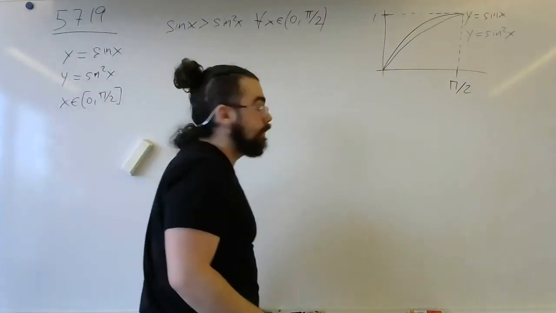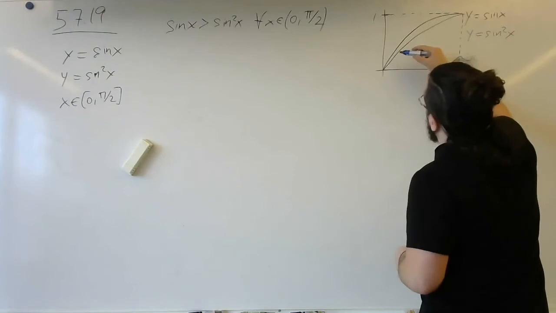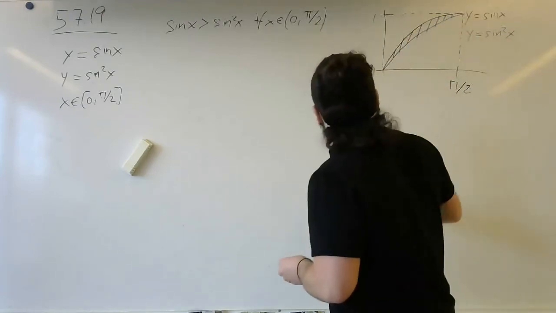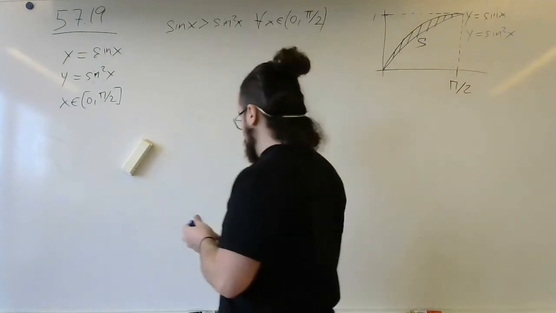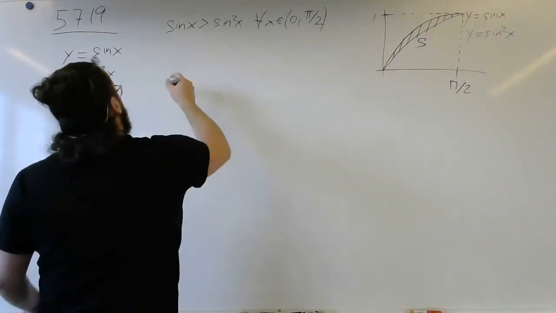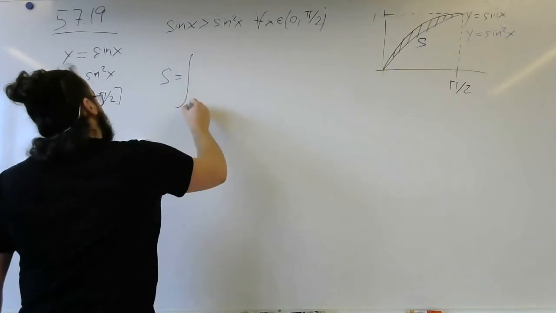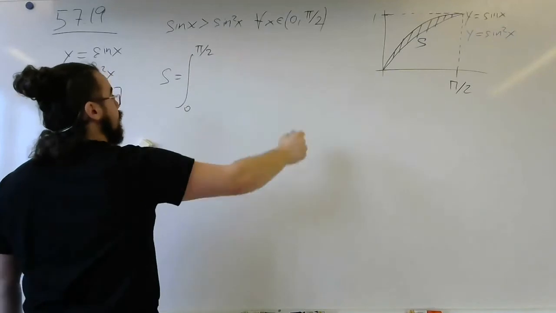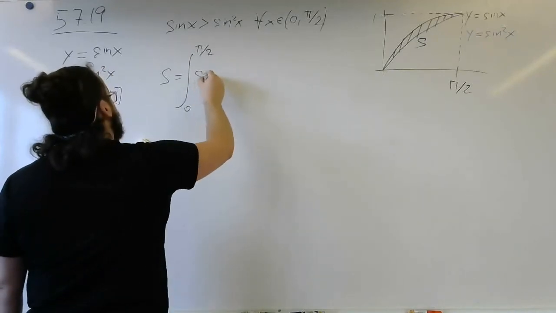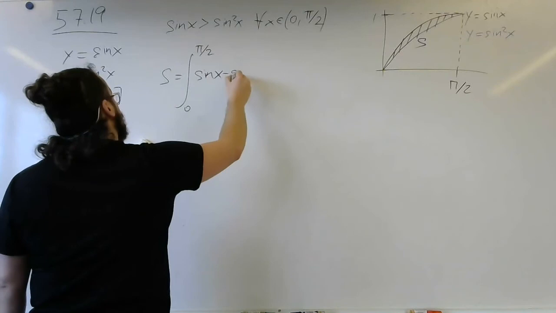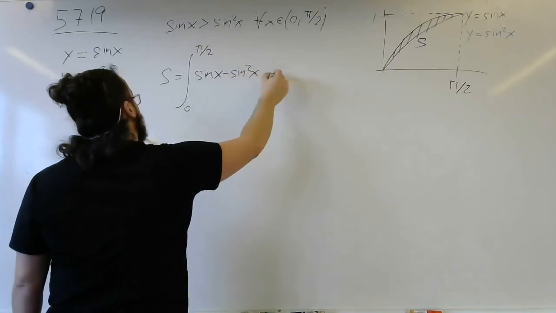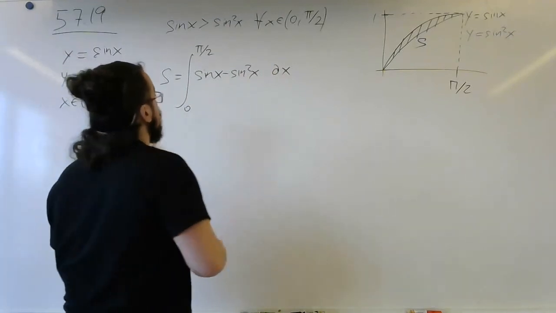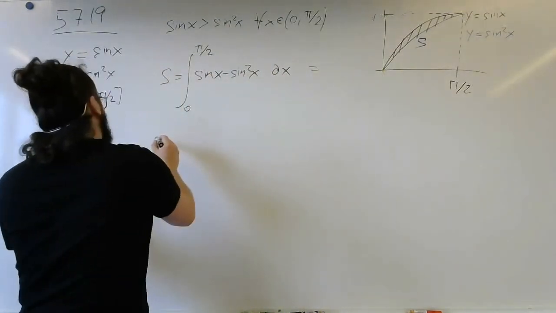So we have two functions, and we know that one of them is strictly larger than the other. So that area S is the integral in the working interval we're using of the greater minus the smaller. The first integral, we know it already.